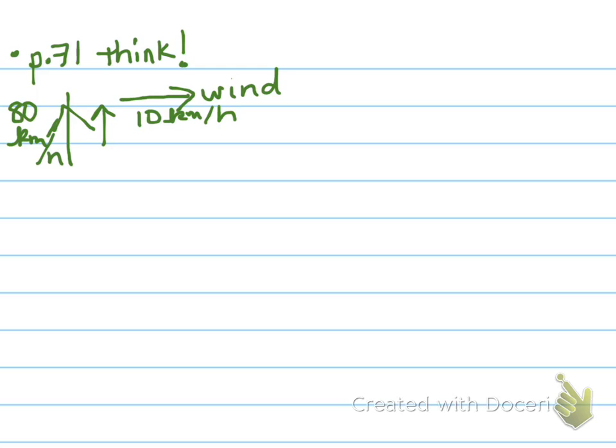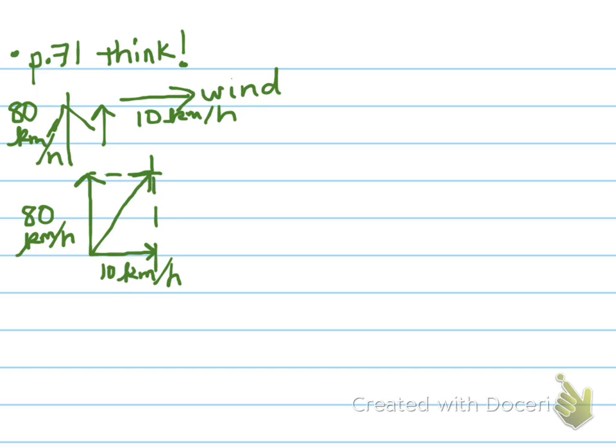We want to know what happens to its speed. So this is that Pythagorean theorem again. We have 80 kilometers per hour. We have 10 kilometers per hour. I make my rectangle. Here's my resultant. Now I can look at it and tell it's probably longer.